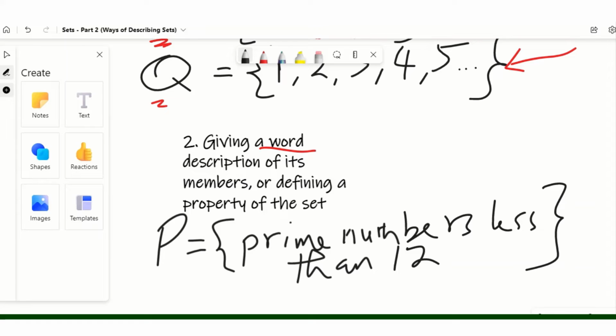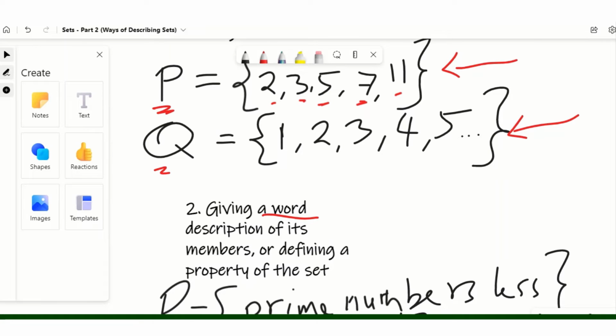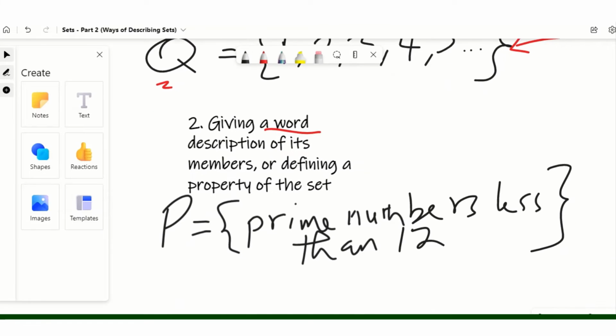Now let's look at set Q. This is 1, 2, 3, 4, 5, then we have our ellipsis, the 3 dots here. What do you think? Q is the set of positive integers.